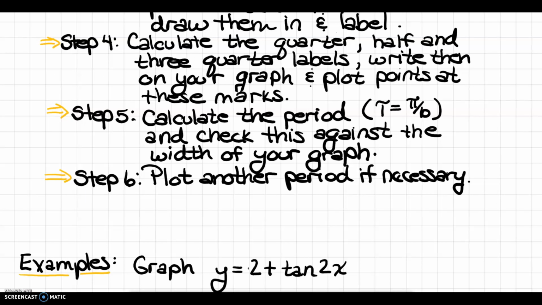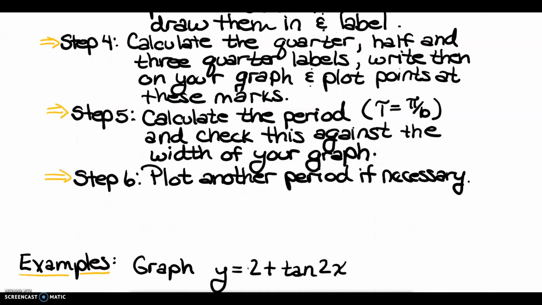Step number 4, it says calculate the quarter, half, and 3/4 labels, because these are where we're going to plot our points. Write them on your graph and plot points at these marks. Then it says to calculate your period. Because our period is not 2 pi for tangent, it's calculated as pi over b.